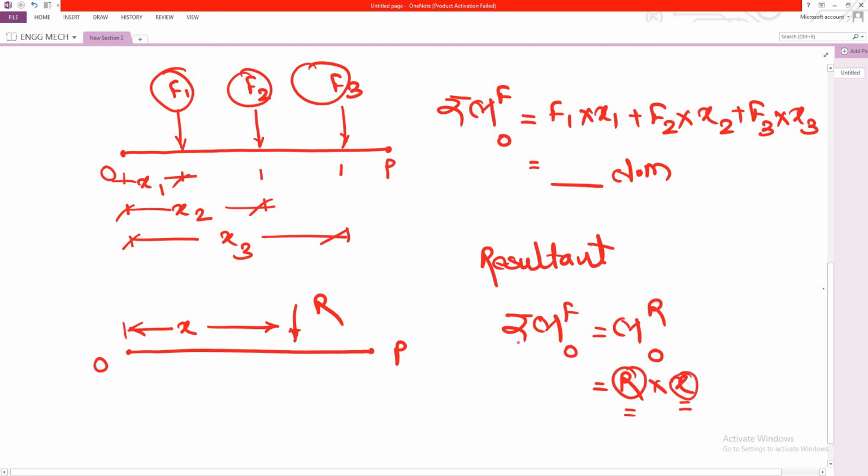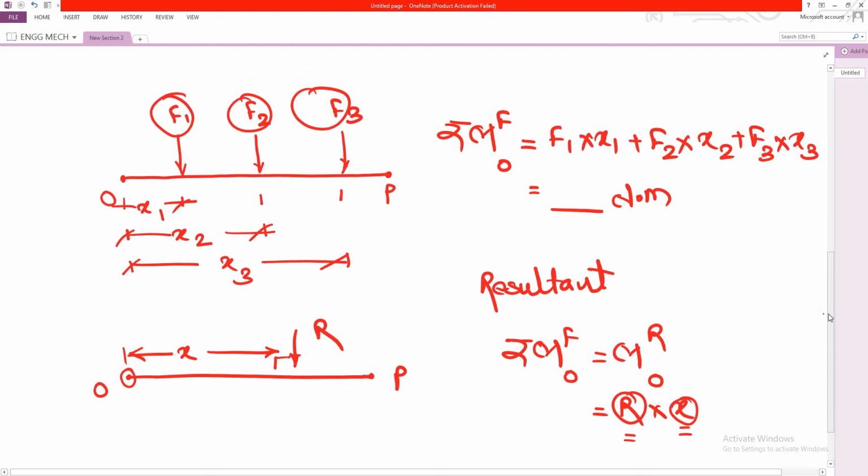Force and the perpendicular distance. The perpendicular distance here is x and the magnitude of force is R. Therefore the sum total of moment generated by each force can be given by a resultant and its specific perpendicular distance from the same reference point. Okay, so this is the explanation for Varignon's theorem.